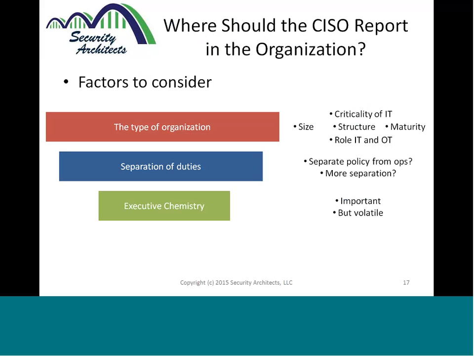And we've seen it often work quite well, particularly when there's good executive chemistry between the CIO and the CISO, and when security has enough of a mandate from the organization that the executive team, including the CIO, are all bought into. But we've also seen cases where the CISO, by reporting to the CIO, sort of has a conflict of interest.